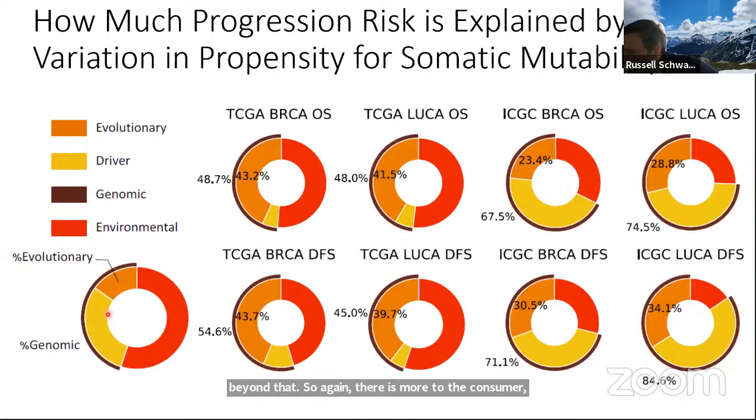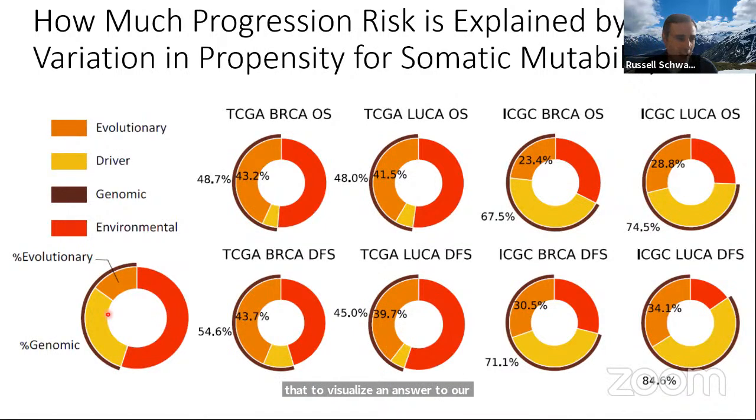And we can use that to visualize an answer to our question, a kind of rough quantification of how important these features are, based on how much of the progression risk is contributed just by the evolutionary features. These circle plots are showing in orange the amount of hazard coming from the evolutionary features, in yellow the amount of extra hazard we get when we add the driver features beyond those.